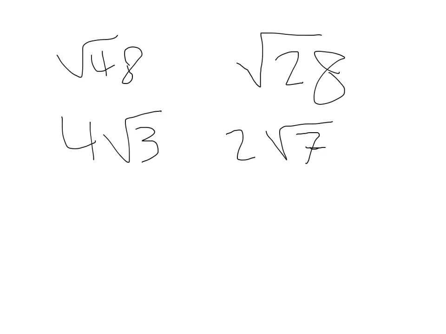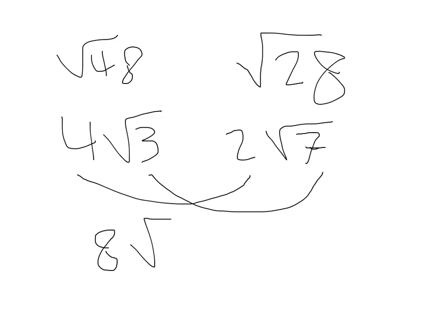So now, all you have to do is multiply them together. It might seem like a daunting task, but really it's very simple. You just multiply 4 times 2 and 3 times 7. So you're going to have 8 root 21.